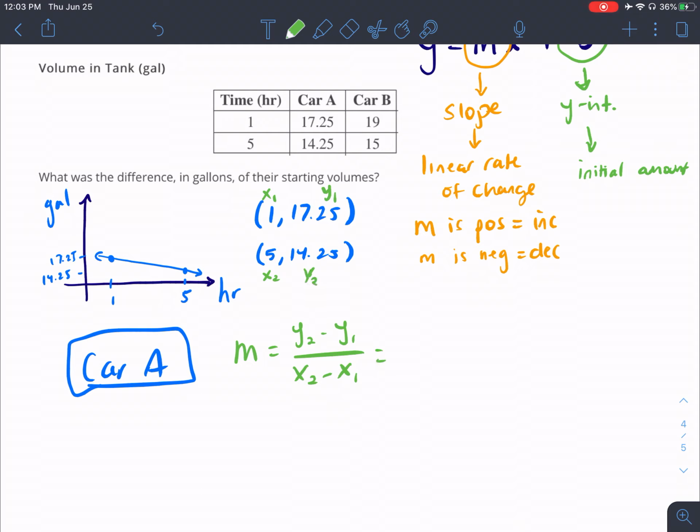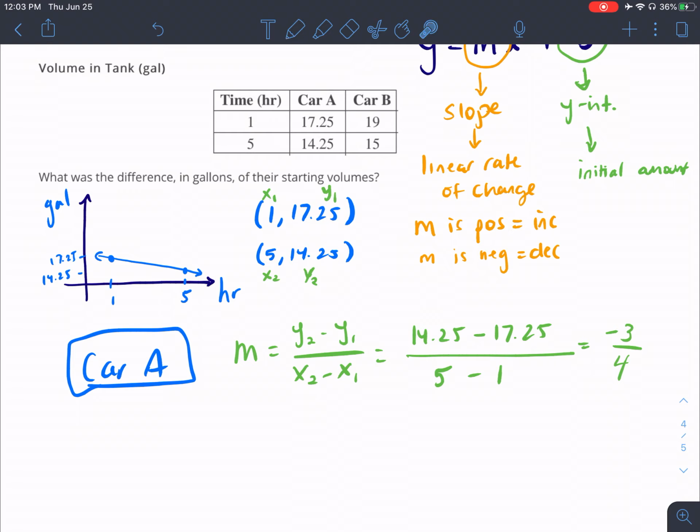So I'm going to plug in those values: 14.25 minus 17.25 over 5 minus 1. On the top, when you subtract that, you're going to get, I believe, negative 3, and on the bottom, you're going to get 4. Okay? So notice that that's negative 3/4.